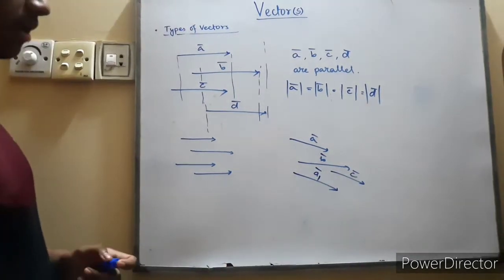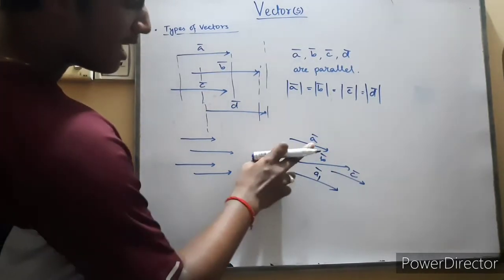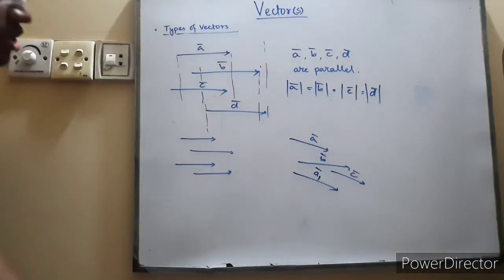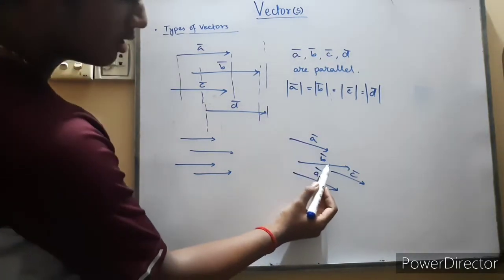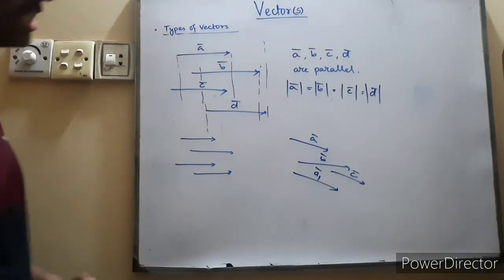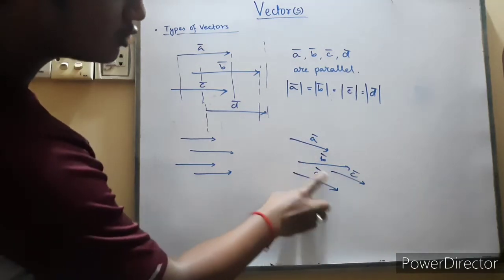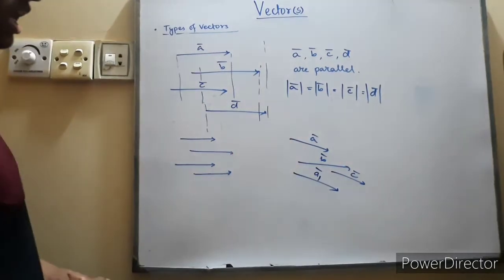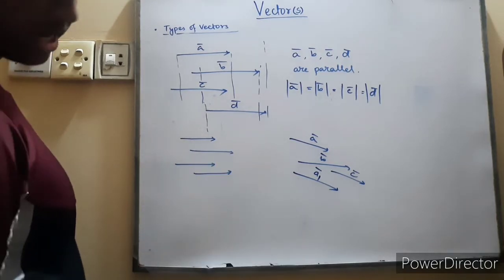A1 is equal to A vector and coplanar with B and C. So an identical copy of vector A is coplanar with B and C. This is the logic behind saying that A vector is already coplanar with vectors B and C.